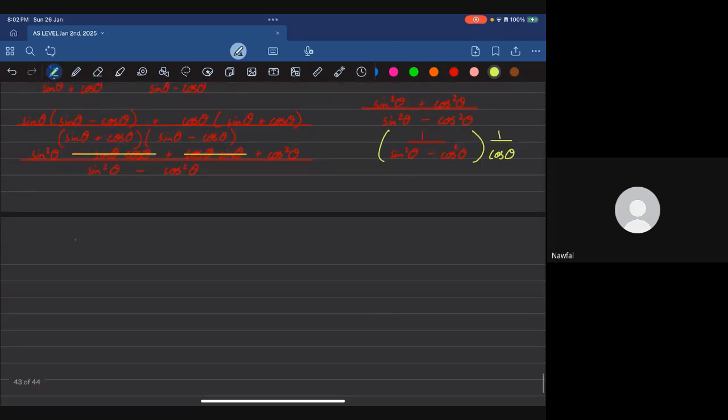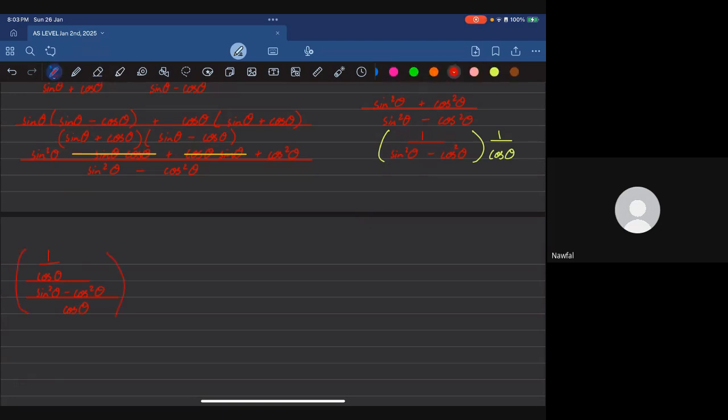If it is still 1 times 1 over cos theta, if I divide the entire thing by 1 times cos theta over sine square theta minus cos square theta, it is going to be over cos square theta or cos theta. Clear, Nofal? Now what should I do?